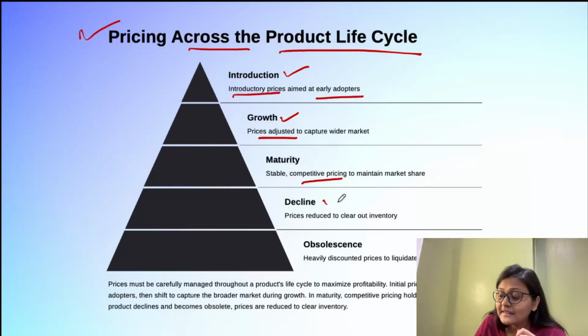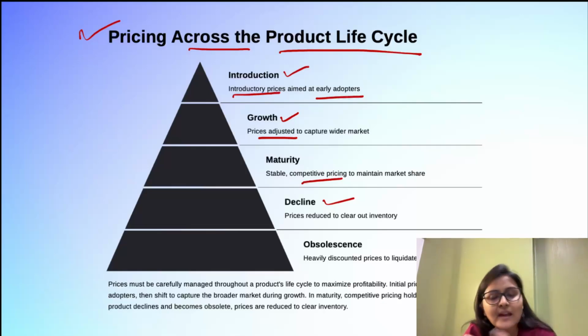Then we have the declining phase. At the declining phase, the prices of the product are reduced so that the inventory could be cleared. The stocking of the product in the warehouses should not be done, and all the products should be easily sold out.